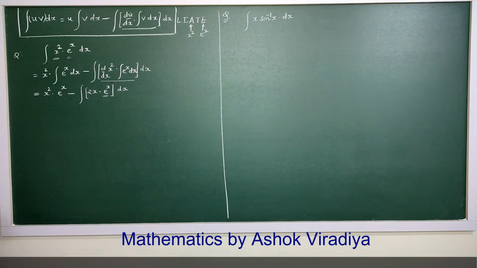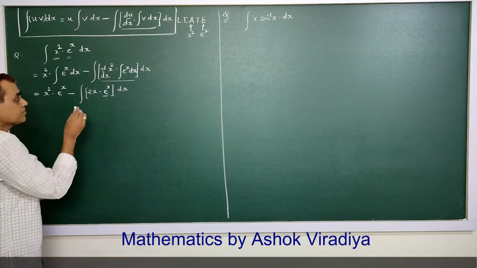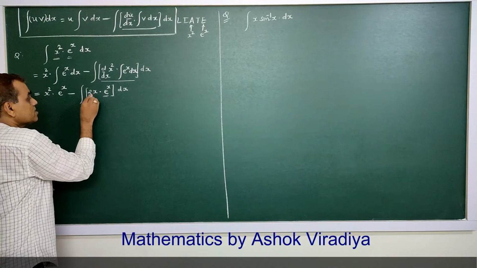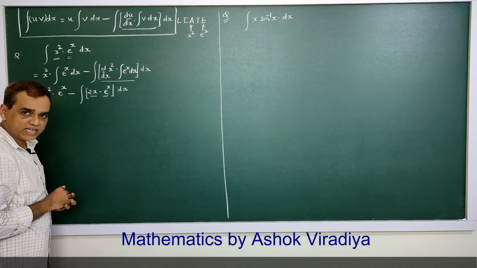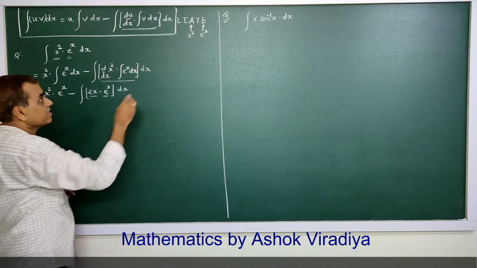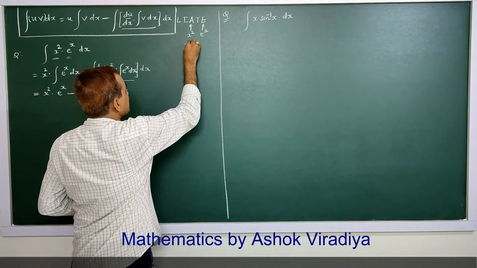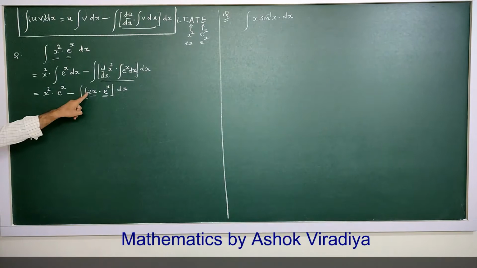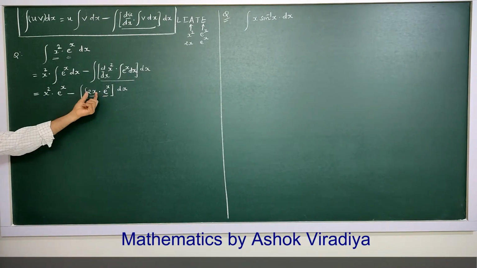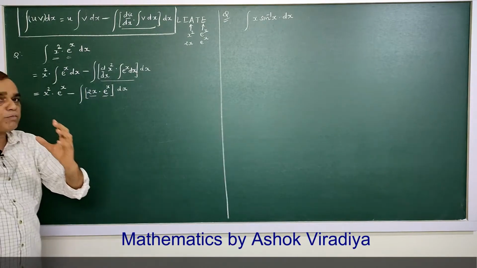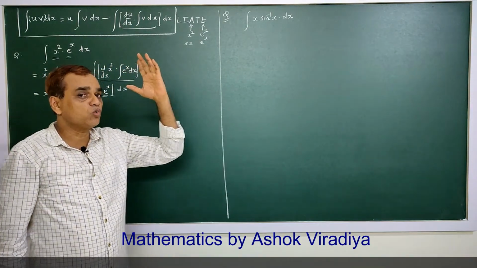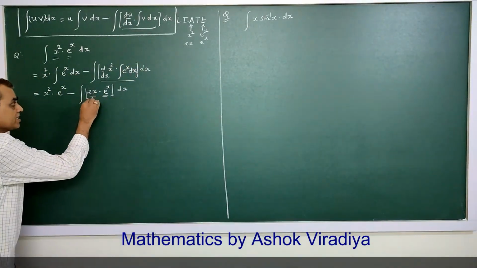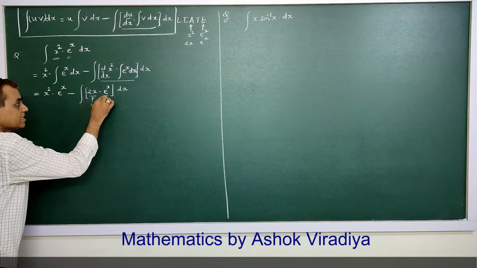Now look, again this is 2x into e raised to x. 2x is an algebraic function, e raised to x is an exponential function. Once again applying the same rule, considering this as u and this as v.